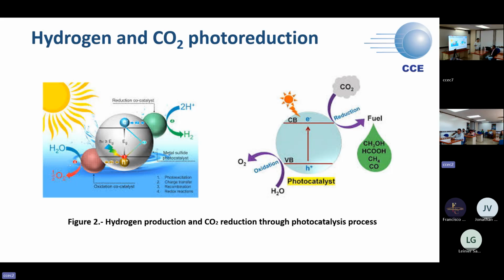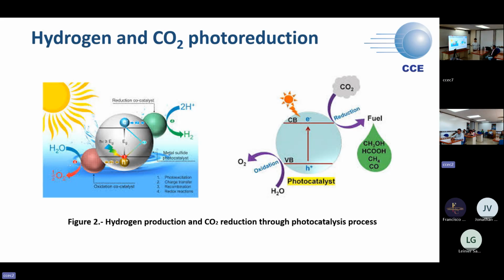In my case, I work with photocatalysts for wastewater treatment, but I am also interested in the production of solar fuels like hydrogen and others related to the photoreduction of carbon dioxide, for example, methanol and formic acid.